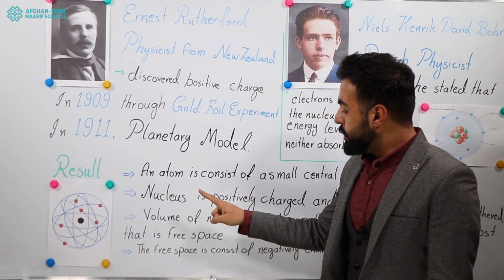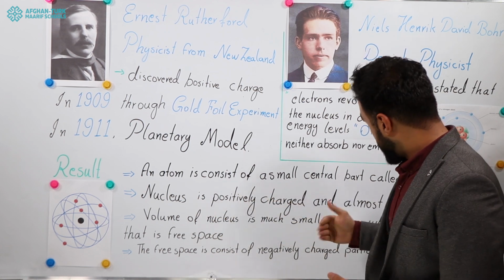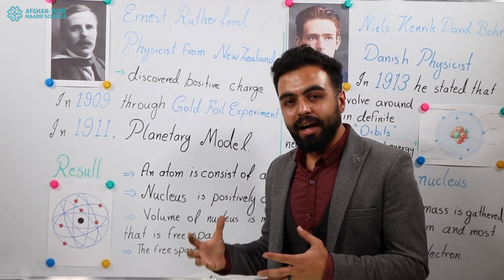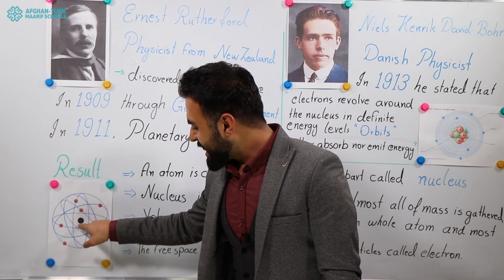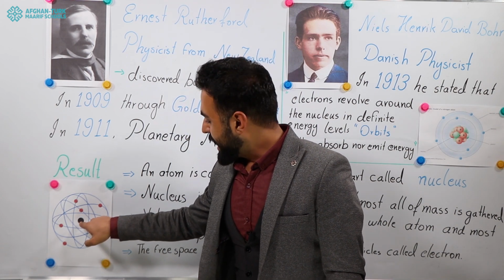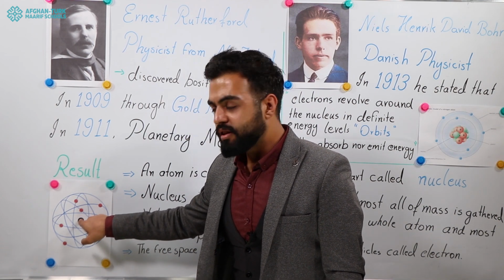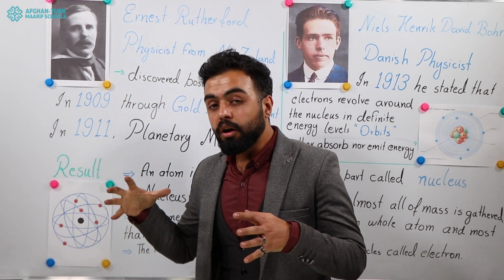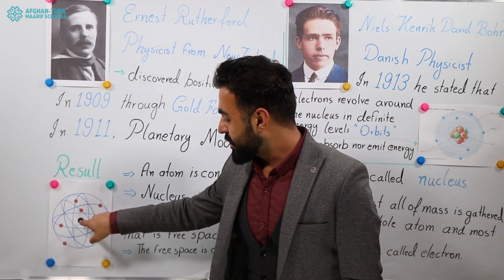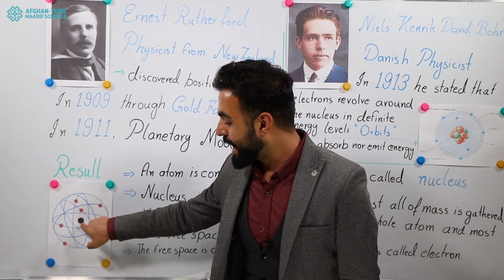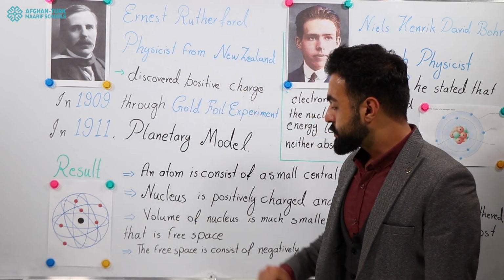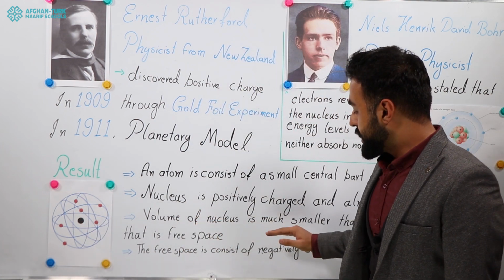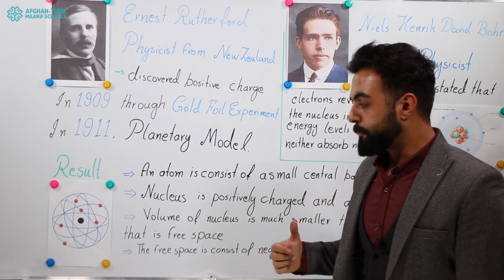The second, nucleus is positively charged and almost all of the mass is gathered there. This is a small part, and this one has positive charge, and almost all of the mass of the atom is gathered in that black point. Number 3, volume of nucleus is much smaller than the whole atom.